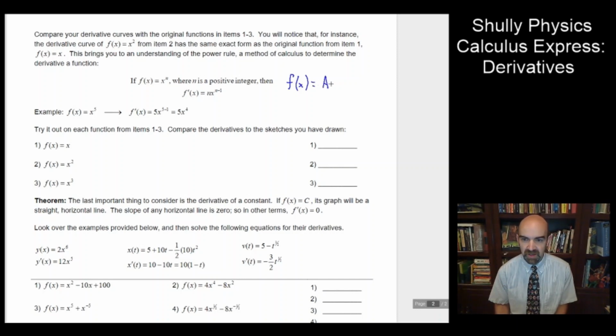If we have a x to the n, then the complete definition here would be a times n times x to the n minus 1 power. All right, and that's what we're practicing down here. I believe it'll bring it out as we go along there. So remember that any coefficients in front of the original equation will remain, but we will be multiplying also by that n value. So try it out on the next 3.